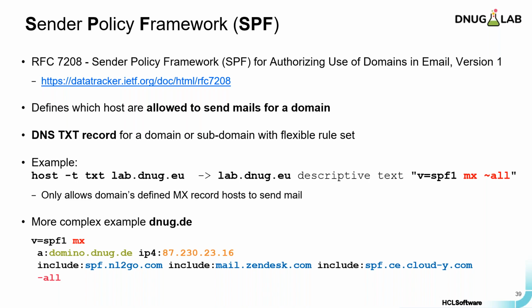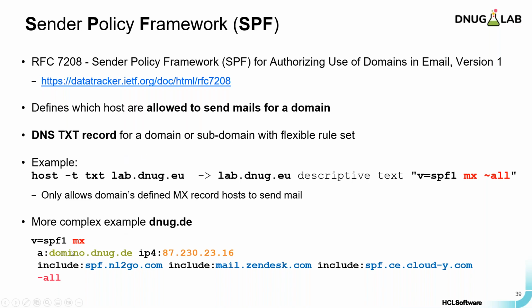What has been added in 12.0.2 is incoming SPF validation, but you should already have your DNS set up that you define exactly who can send, which servers are allowed to send emails. So there's really a framework with all the details, and there are complex rules that you can set up. In my example here, I put dnuc.de as a very simple example.